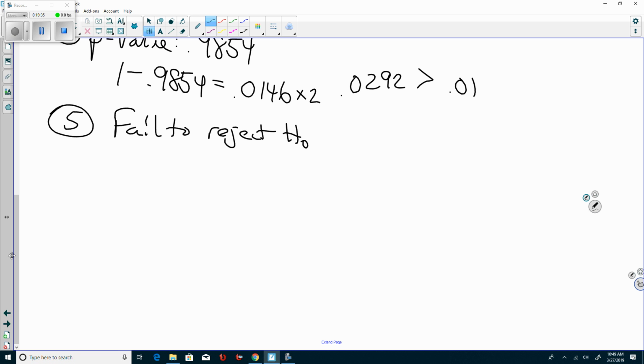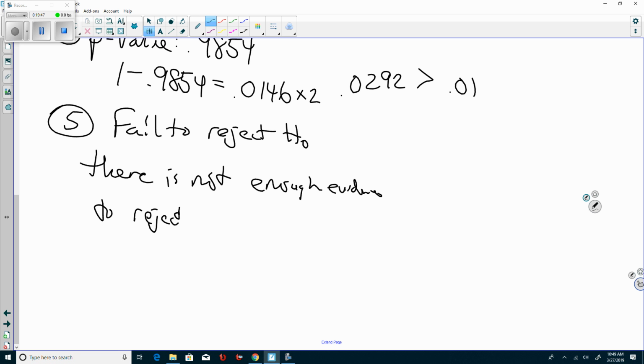There is not enough evidence to reject the claim. Okay, there's a nice little example too.